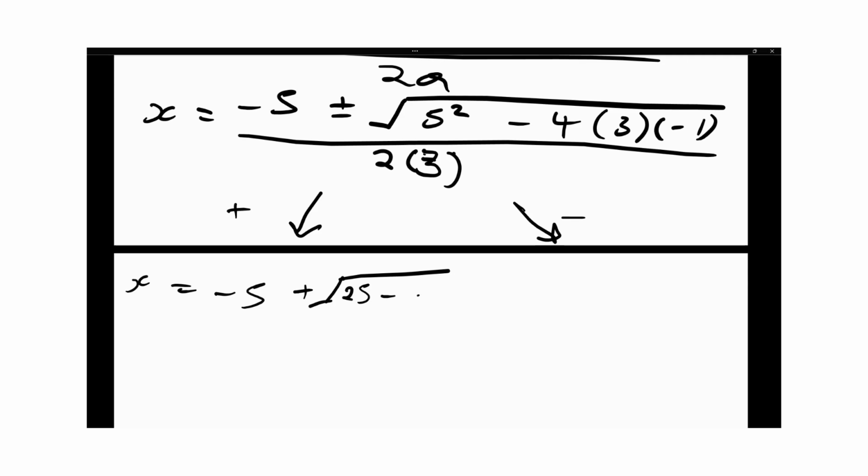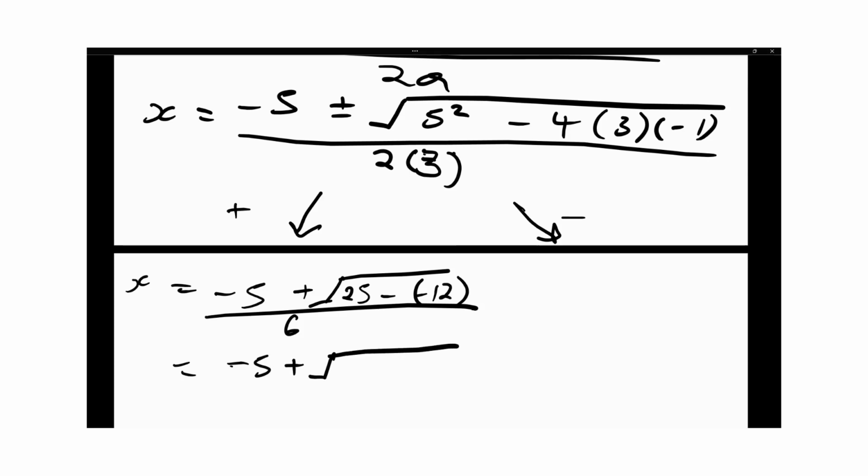So it's minus -12, and then all over 6. And then we have -5, we're still dealing with the square root, then 25 plus 12 is 37, all over 6.